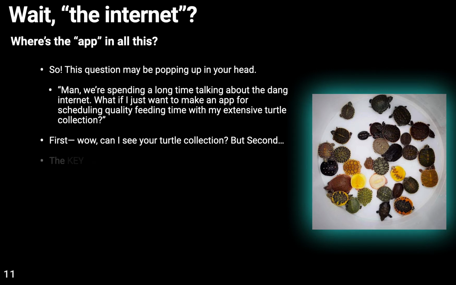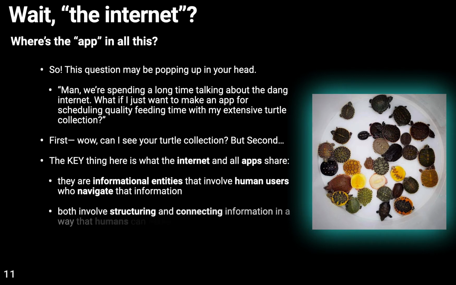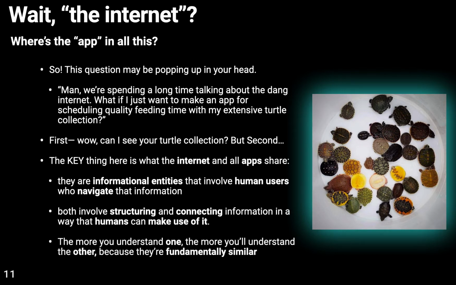But the key thing is what the internet and apps all share: they are informational entities that involve human users who navigate information, right? They involve structuring and connecting information in a way that humans can use it. And the more you understand the structure of the language that underlies something like the internet, the better you'll fundamentally understand the other. I'll even go as far as to say the internet is one gigantic app.